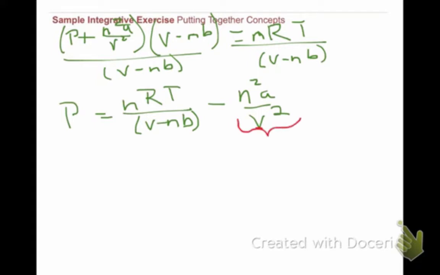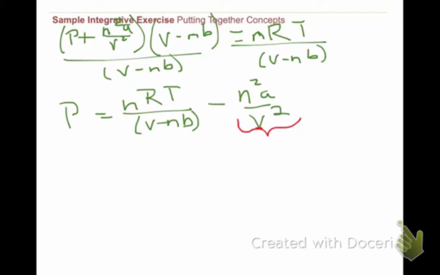This adjustment here, n squared a over V squared, I'm subtracting because it is lowering the pressure, so it makes sense that it's a minus sign for the correction factor for the attractive forces.